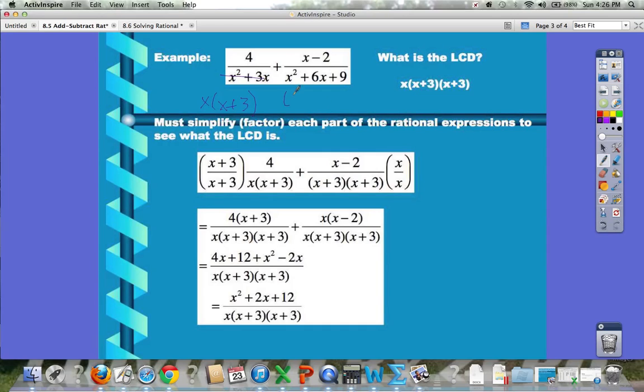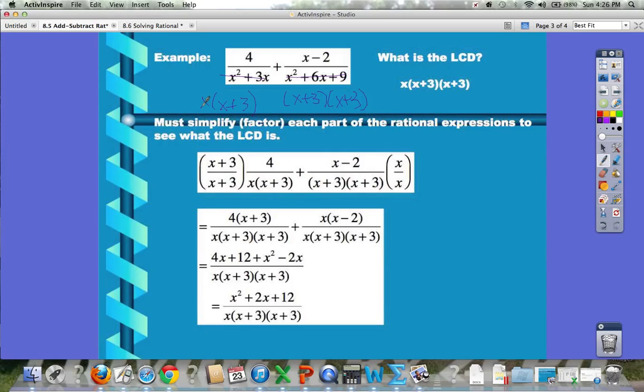So this becomes x plus 3, x plus 3. It's the only way you're going to be able to see the LCD. If you don't split it up, you will have no idea. Now, this one has 2 x plus 3's, and this one only has 1. This one has also an x.